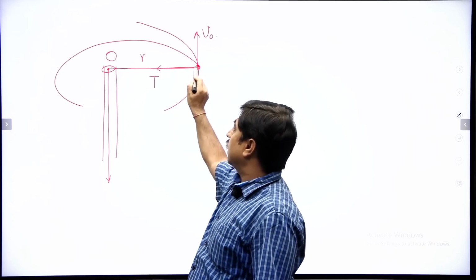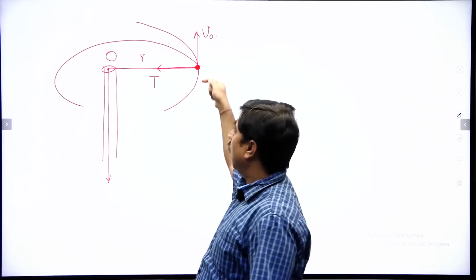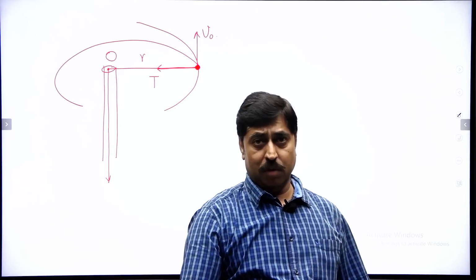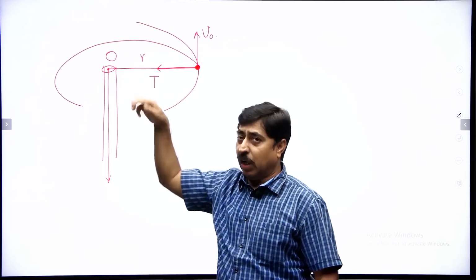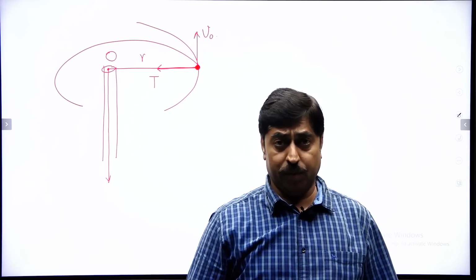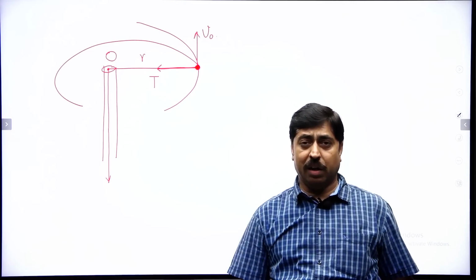So the tension force is acting towards point O, and there is definitely a movement of this particle towards point O. So when there is some velocity in the direction of force, the force is definitely doing some work. In fact, this force is doing some positive work on this particle.